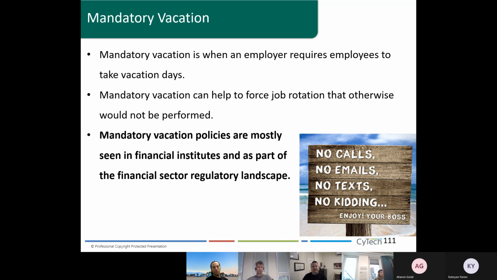So this is done in financial institutes, and you can expect that to take place sometime during the year. The more sensitive your role is, the more money that is involved in your role, the more you can expect this.